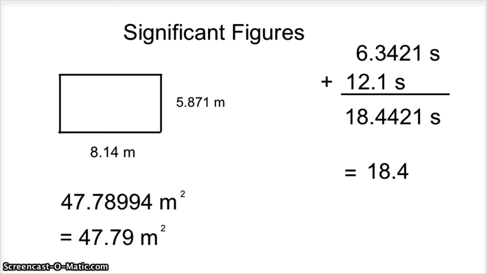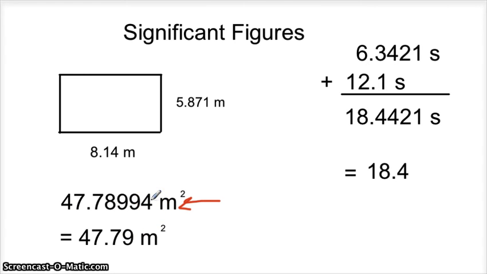When using measurements in calculations, the answer is only as precise as the least precise measurement used in the calculation. If you're calculating the area of a rectangle with measurements of 5.871 times the other side of 8.14, punching in both numbers shows a long result. But you do not know the precision of this area to the nearest thousandth of a meter, which is exactly what this shows.